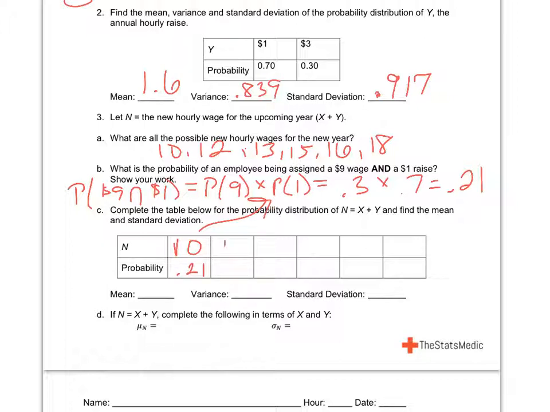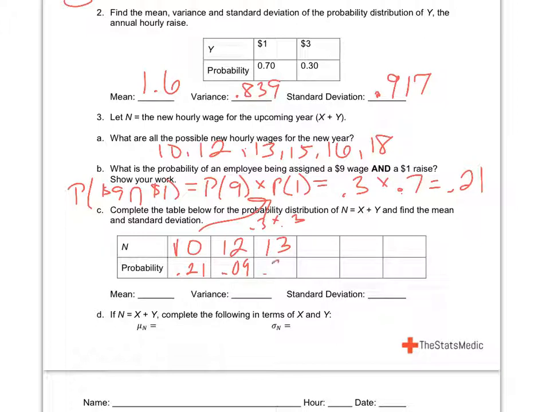My probability of earning the $12, so earning $9 and getting the $3 bonus, would be 0.3 times 0.3, or 0.09. My probability of earning $13, so earning $12 times the 0.7 probability of earning the $1 bonus, is 0.315.